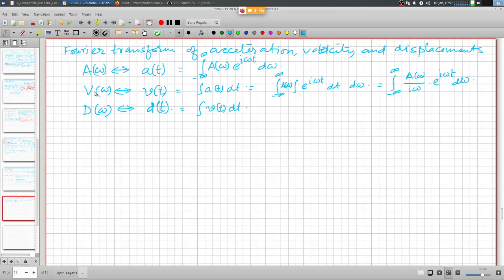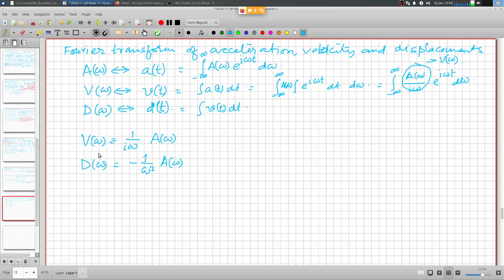So that brings us V(omega). If it is a Fourier transform pair, then that makes it very simple. In the frequency domain, this is a very easy way to implement. So V(omega) is, frequency by frequency, 1 over i omega times A(omega), and D(omega) is just minus 1 over omega square A(omega).